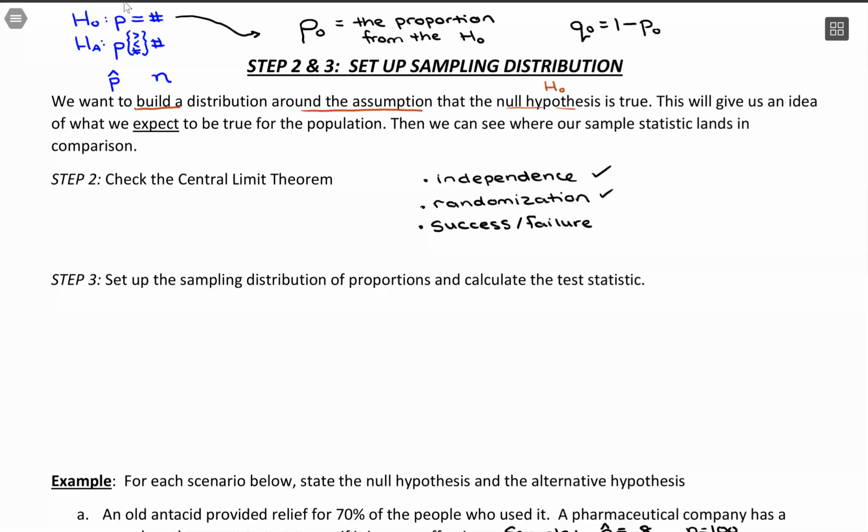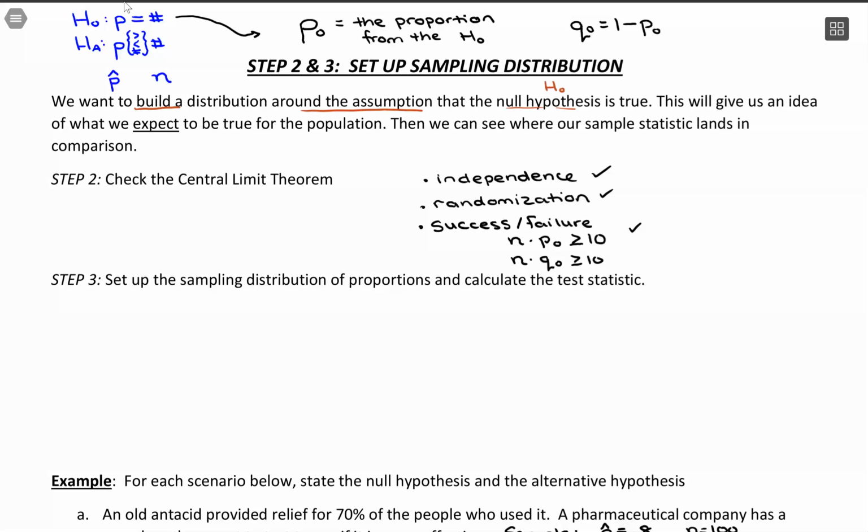In the examples down below, I'll show you the difference and how to know which value to choose. For success-failure, we take our sample size times that proportion from the null hypothesis. That should be more than or equal to 10. Then take the sample size times 1 minus that proportion. That should also be more than or equal to 10. And we have to pass all 3 of those in order to move forward with the hypothesis test.